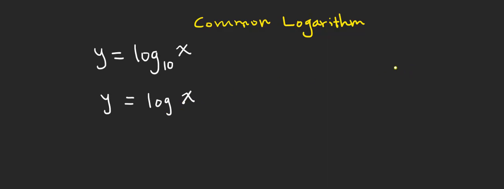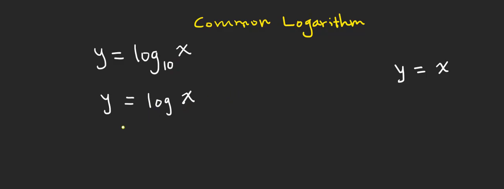It's like when you have, let's say, y equals x, and you already know that the exponent is 1. When the exponent is 1, you don't write 1 there. It's like that. When you have a logarithm that is base 10, we just write it as log of x. So if you don't see a base, you know that there's an invisible 10.